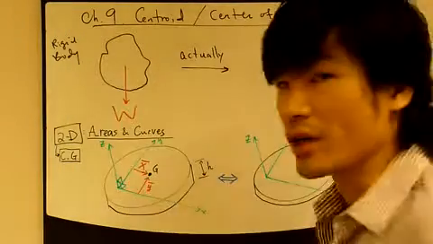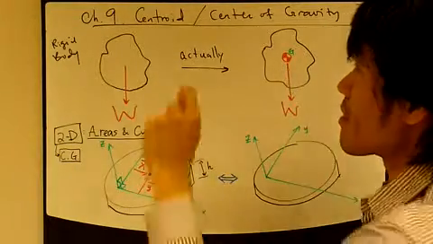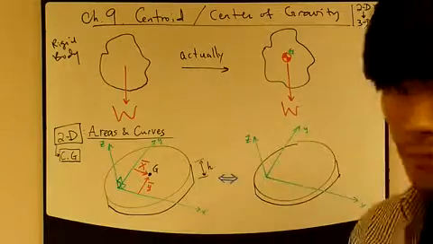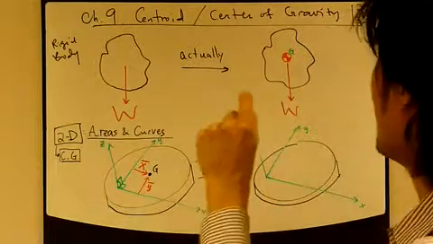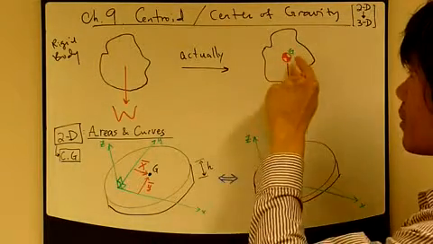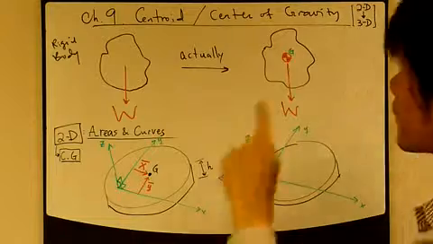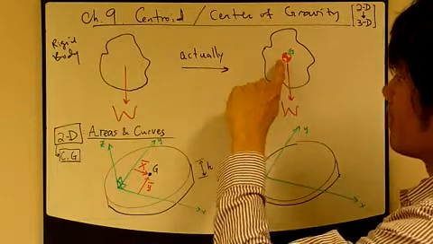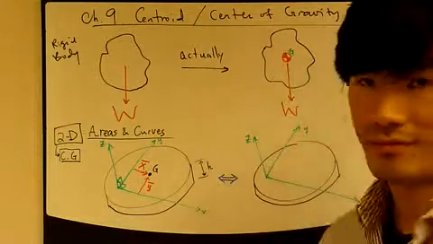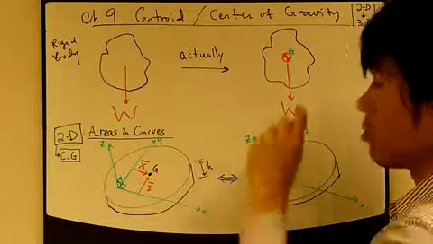And that's the whole point of this chapter. Centroid, center of gravity. It's the location, I call it G, where you draw the weight vector, where this weight vector is applied.